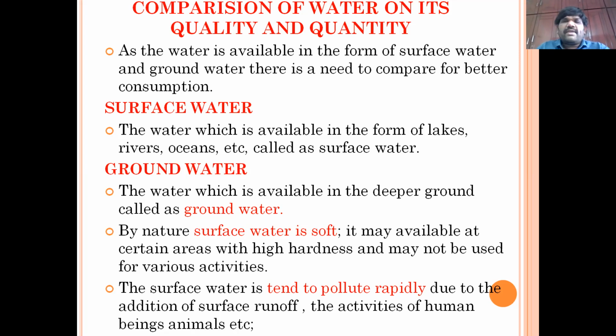See here, approximately 96 to 97% of water that is available is surface water in the form of oceans, whereas we have very little amount in the form of groundwater.